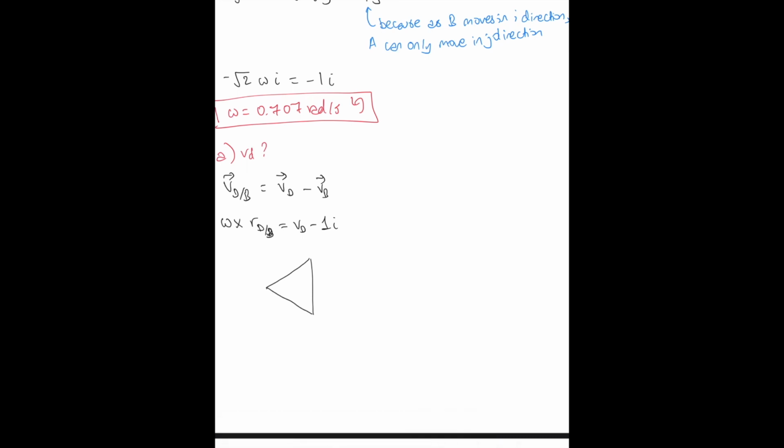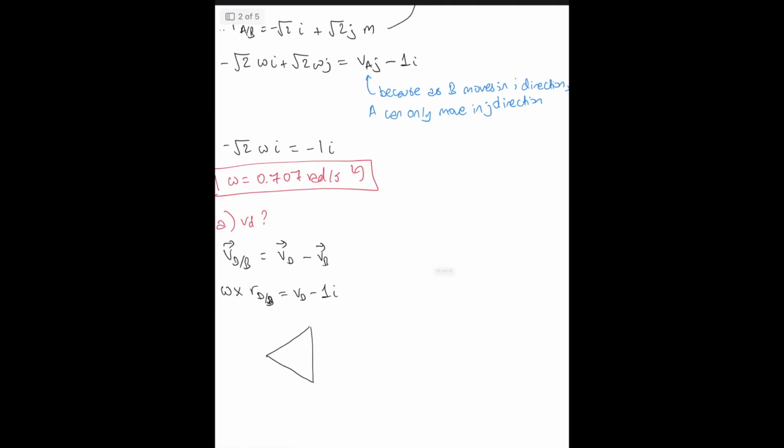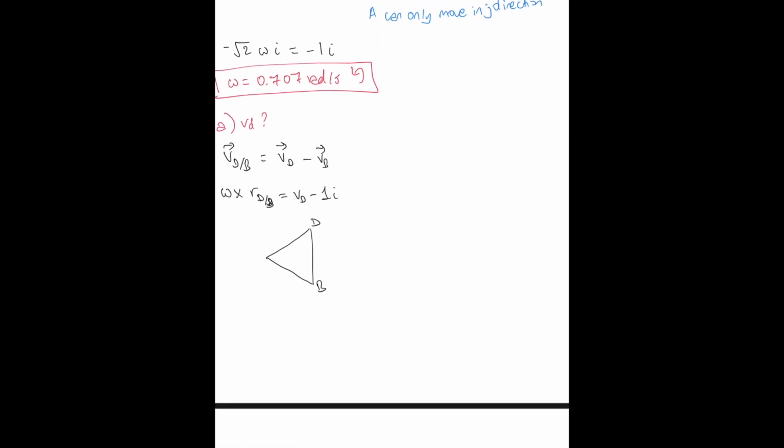And then we're going to draw our D and B position vectors. And we know that this is going to be equal to 1 meter, and this is going to be equal to 1 meter.